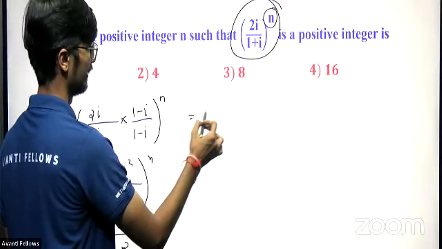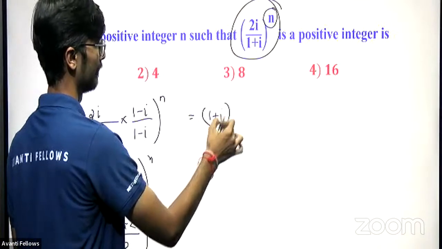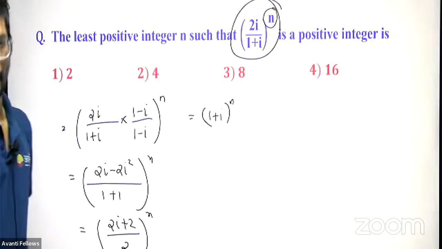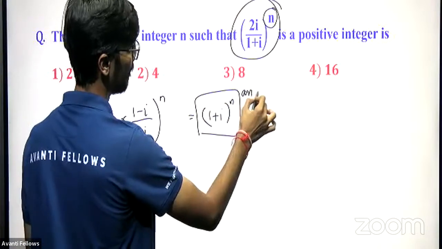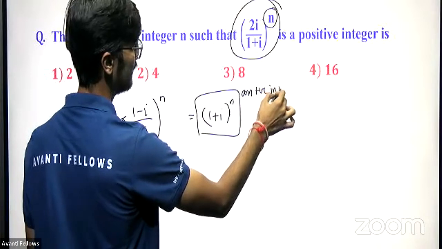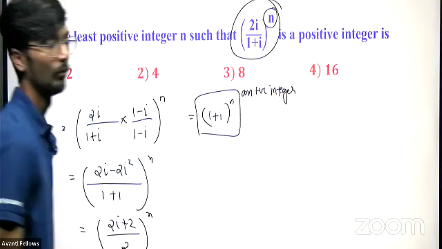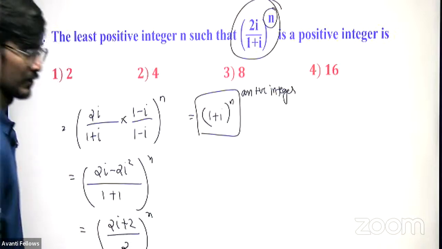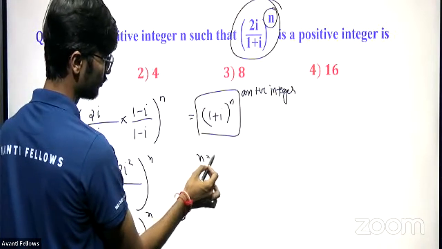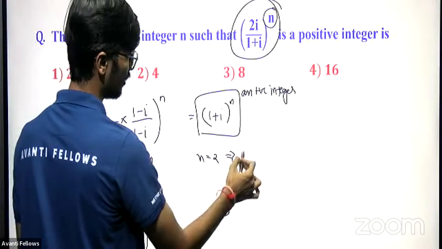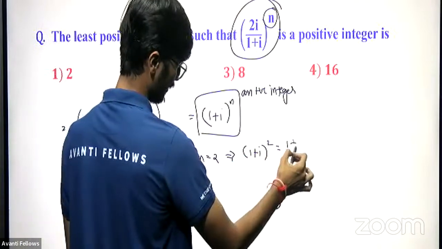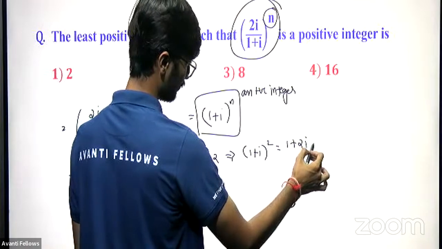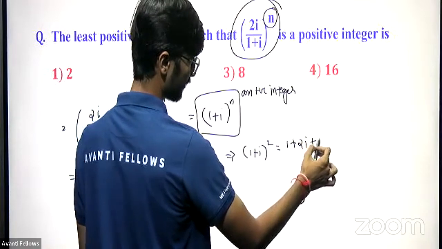I will get 1 plus i raised to the power n. Now, this should be a positive integer. So what is the value of n? Let's check the options. If I get n equals 2, that means 1 plus i to the power 2, which is 1 plus 2i, a square plus 2ab plus i square.